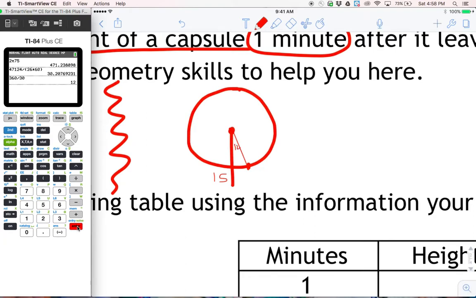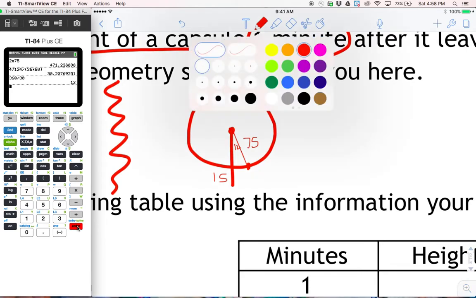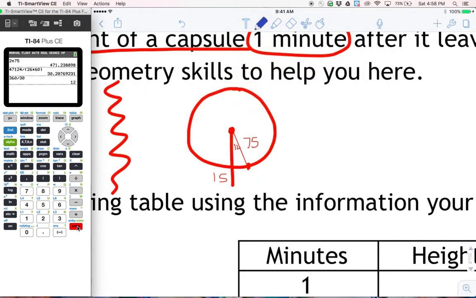And we also know that that's a 75-meter radius. So all of this we should already know. You're just seeing it in the picture here. Something else to think about is, remember how we talked about how the center of the wheel was 90 meters off the ground? Well, yeah, because this is a radius too, and it's 75. And 75 plus 15 means that from the center to the ground, I've got 90 meters.